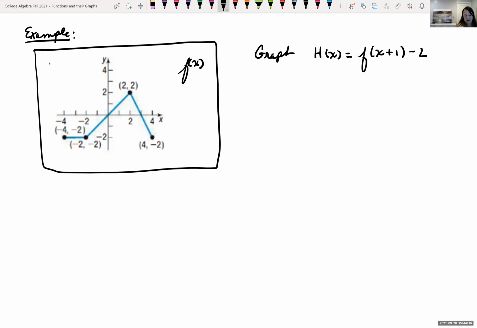So that's going to be -4 - 1, comma, and we're subtracting 2 from my y value. So my y value in this case is -2, and then I'm going to subtract 2. So my new point here is (-5, -4). So if I go over, I'm going to go -5 and down, so -4.